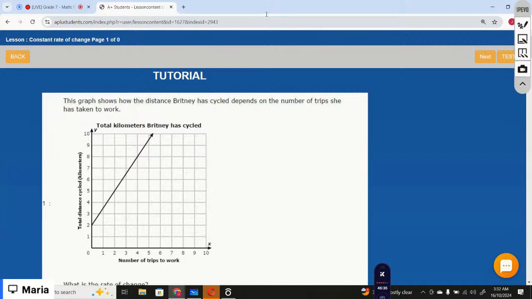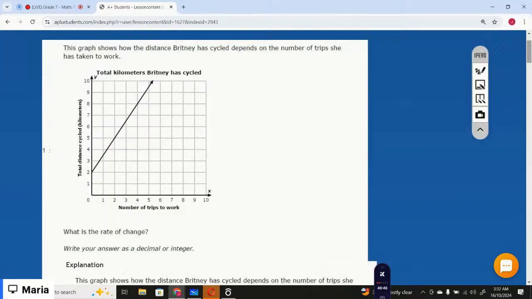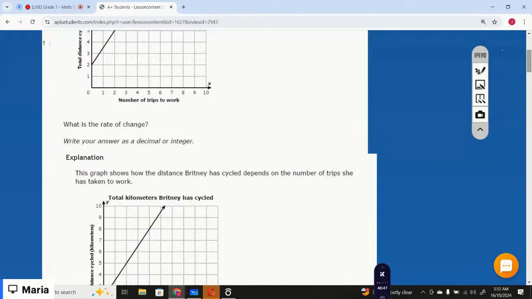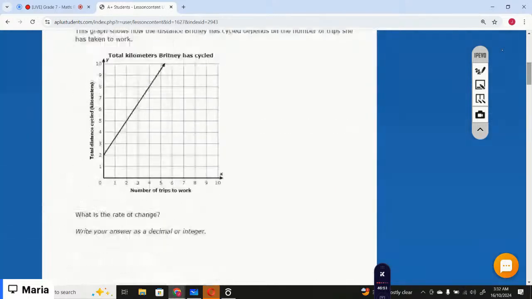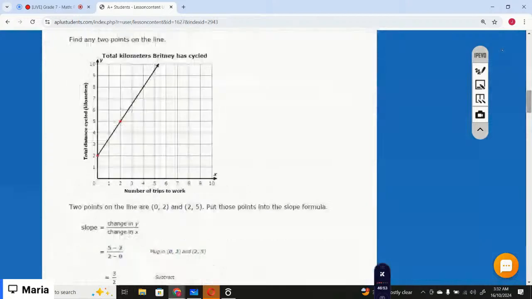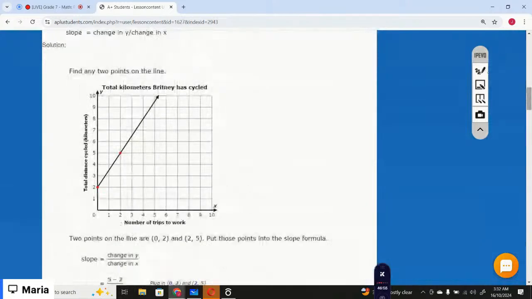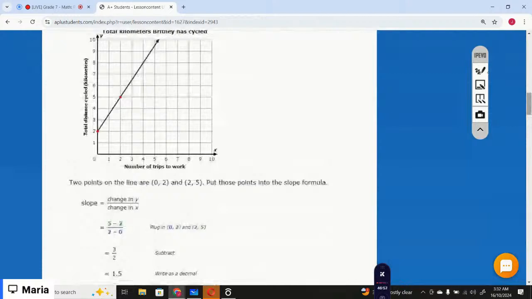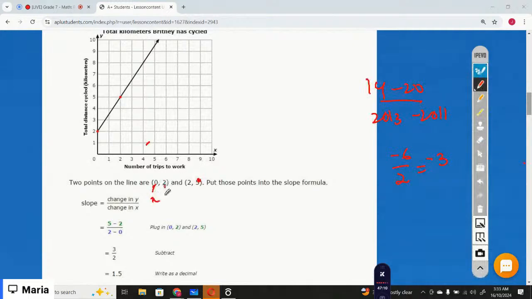The graph shows how the distance Brittany has cycled depends on the number of trips she has taken to work. What is the rate of change? So the rate of change is change in y divided by change in x, right? So you have to select 2 points on the graph. Like here, the first one has the coordinate 0, 2, and here you have 2, 5. So you have to do change in y. The first one is always x, the second one is y.